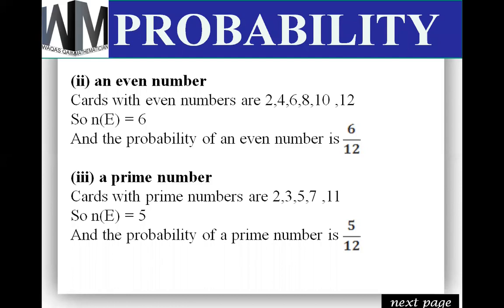So there are 5 prime numbers. It means that 5 possibilities are there, and the probability will be 5 over 12.